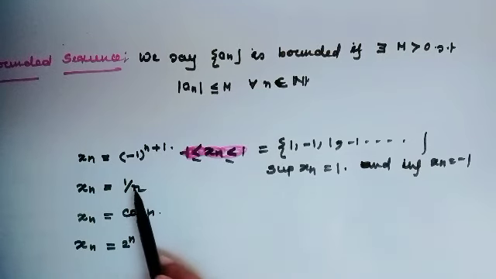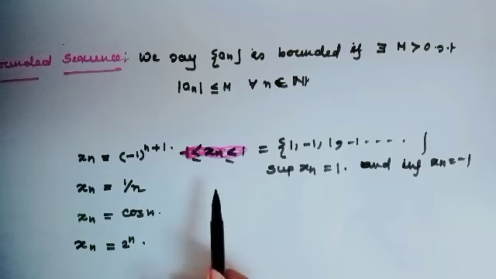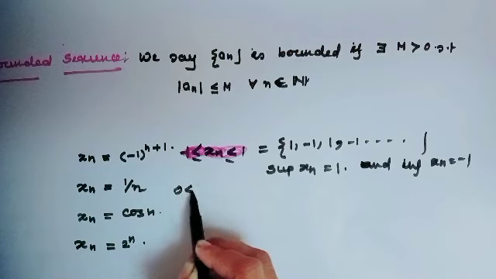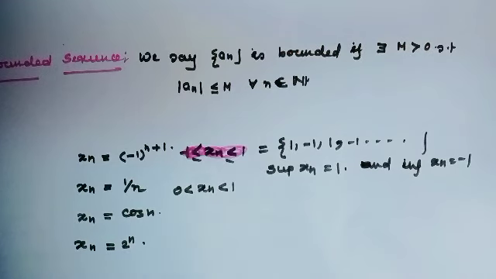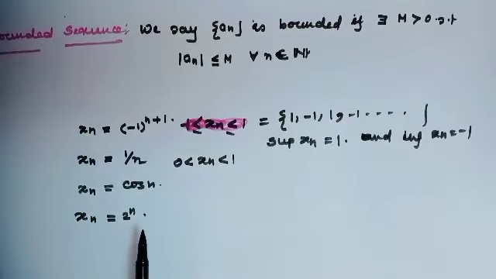The second sequence is 1 over n. We all know this sequence is also bounded, because xn is greater than 0 and less than 1. Okay, so this sequence is also bounded. The third sequence xn equal to cos n must be bounded, we all know. Last, see the sequence xn equal to 2 to the power n.